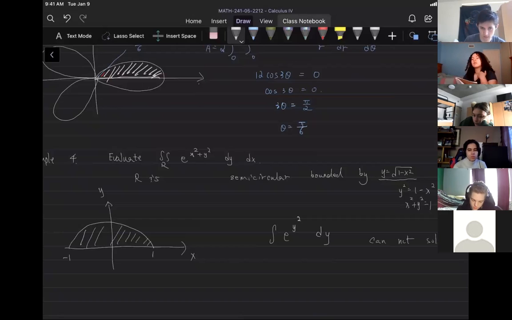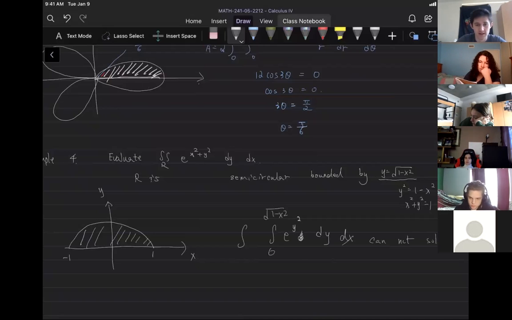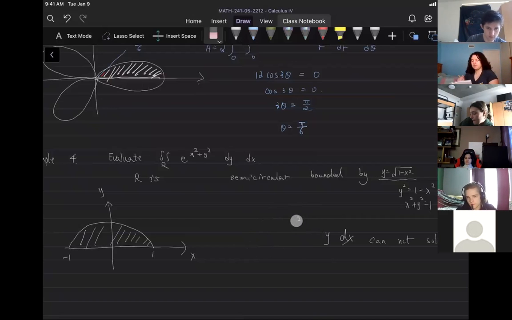So Cartesian coordinates don't work for this problem. Also it would be pretty complicated: y from 0 to this one, and dx, x from -1 to 1. You can see this is a circle, right? Even though it's a half circle, it is also part of the circle.